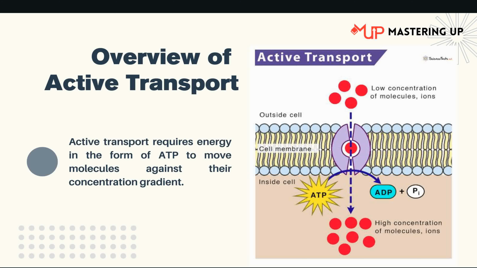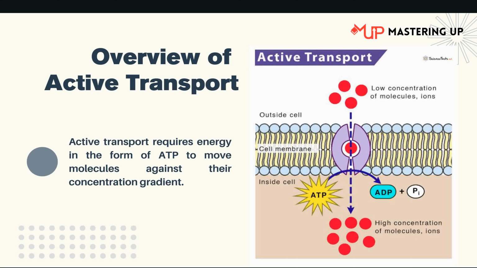This process ensures that essential molecules such as ions are concentrated in specific areas of the cell. Active transport requires energy in the form of ATP to move these molecules against their concentration gradient.